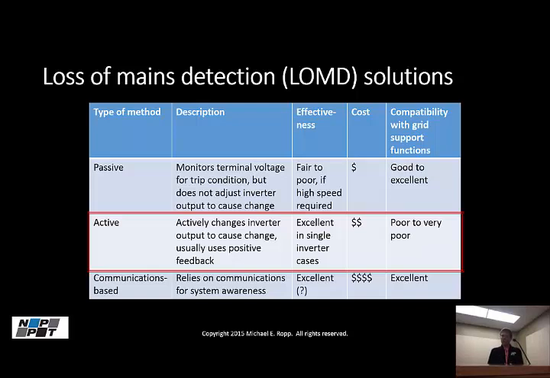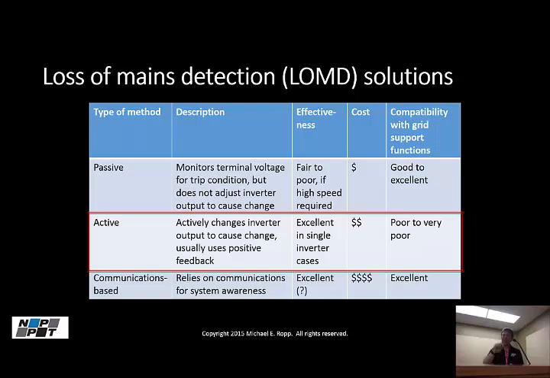But there's one called the Sandia frequency shift, where it's just a straight gain on the frequency error. As the frequency starts to deviate away from where you expect it to be, start applying a little bit of a gain to the phase and see if you can push it further away. And at some point, the inverter says, I shouldn't be able to do this, and it turns off. The active methods have been very, very effective in detecting islands, because what they do is they break up that balance.